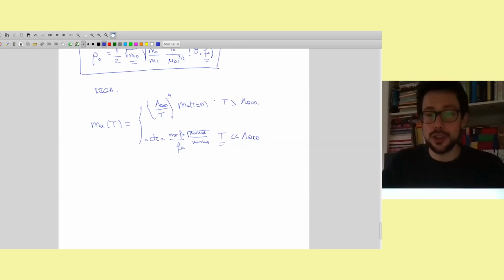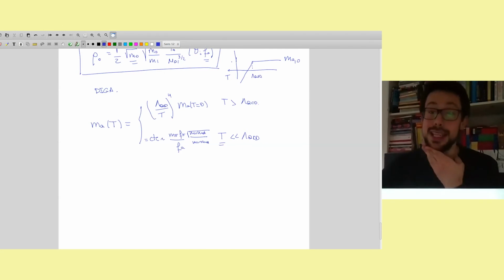So that's why when I was plotting here as a function of the temperature going in the other direction, I was showing that typically what we expect is that the mass of the axion grows, and then at Lambda QCD it saturates to this value MA0.